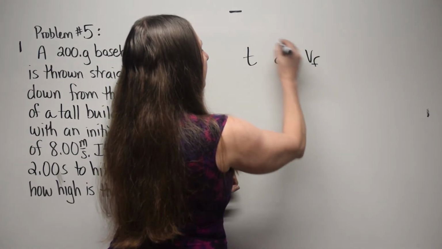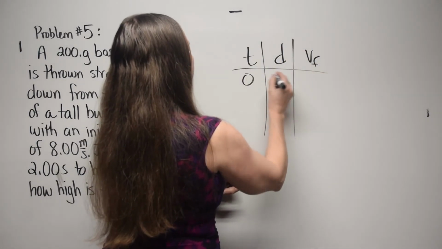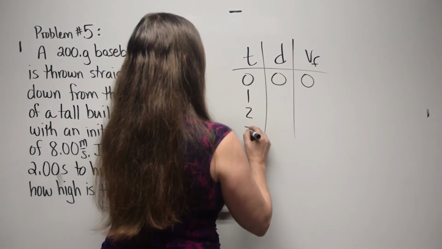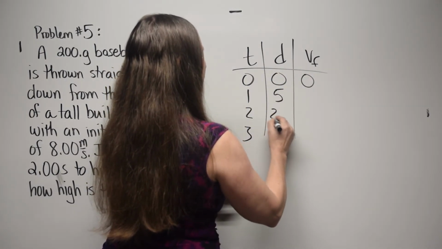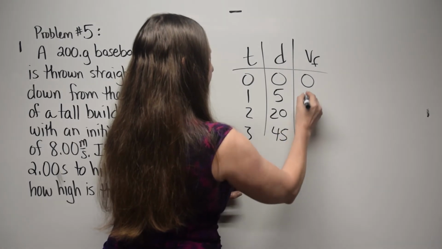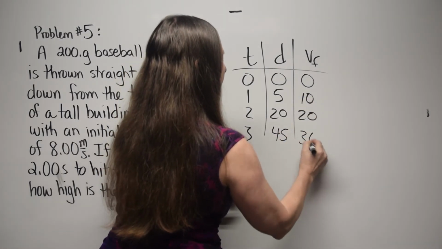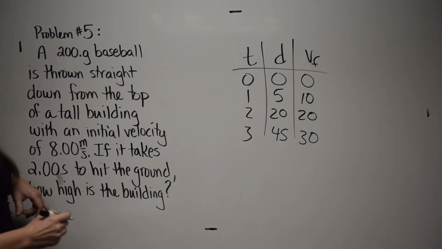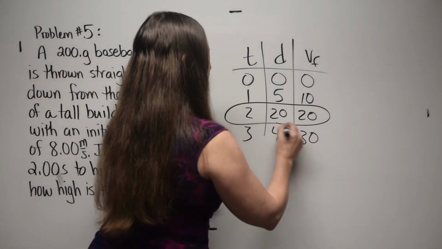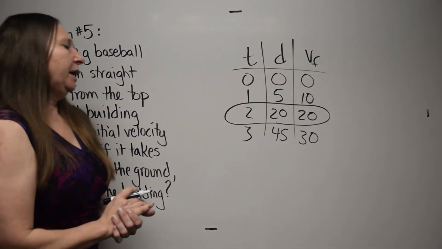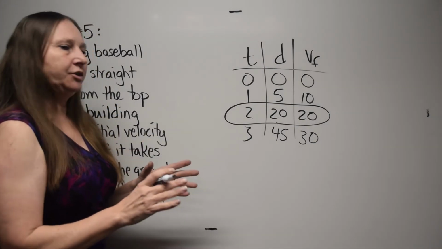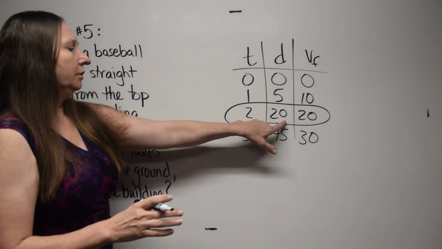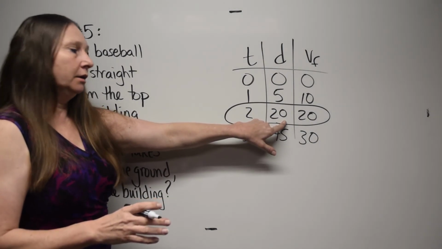T, D, V final. So 0, 0, 0, 1, 2, 3 is about all we need. Now, if it took 2 seconds to hit the ground and the baseball was dropped from rest, the building would be 20 meters high.